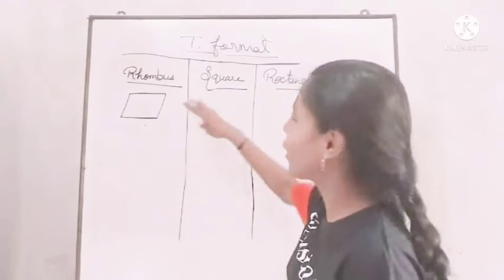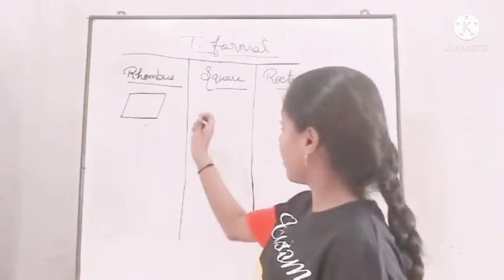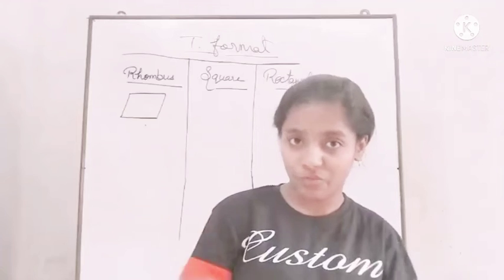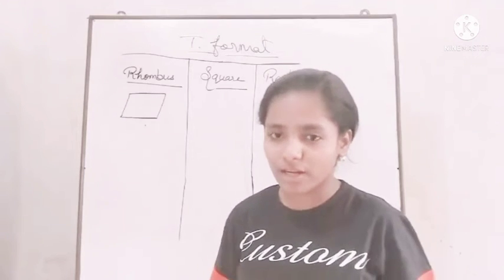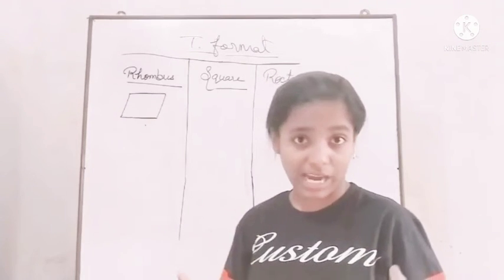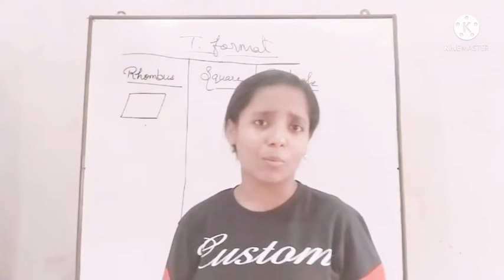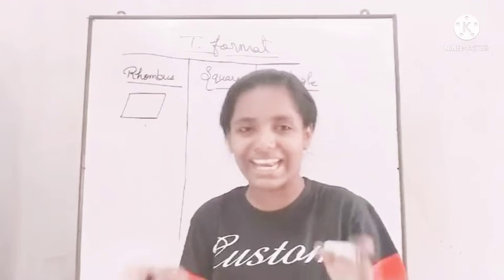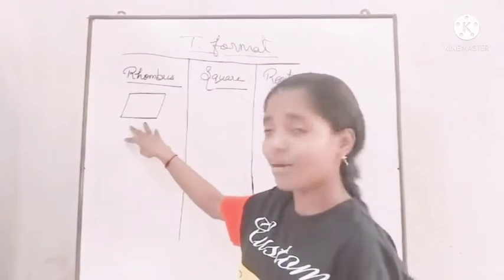By that only you can understand the properties. A rhombus is that type of four-line closed figure which is somewhat like a square with all sides equal, including some of the properties of a rectangle, with some tilt. You can see it over here.